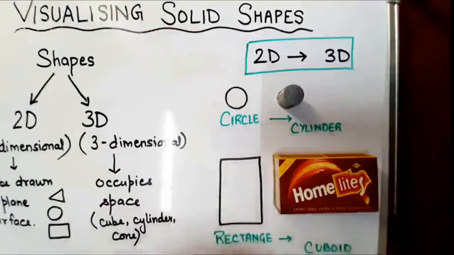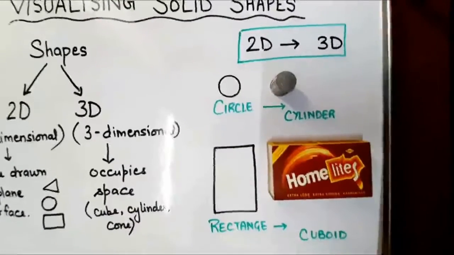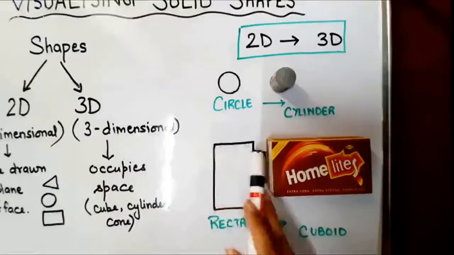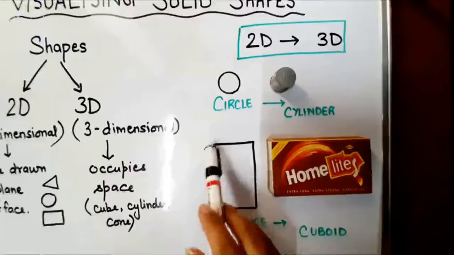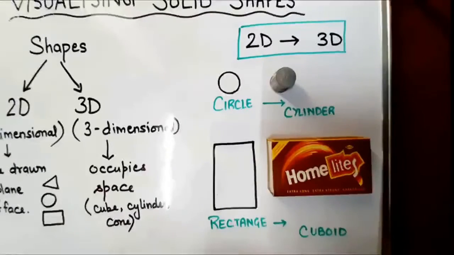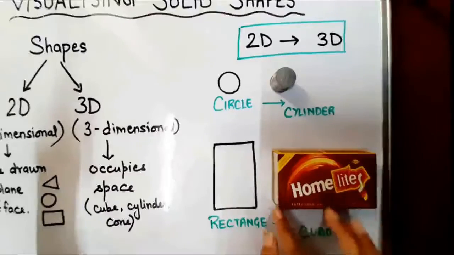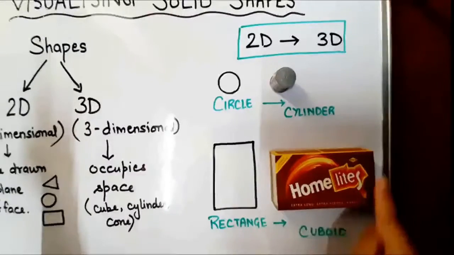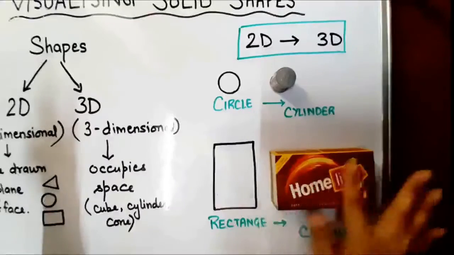Next, we have an example of a rectangle. A rectangle is again a two-dimensional shape. It has length, it has breadth, and it can be drawn on the plane surface. Now if you look at this face of this matchstick box, this is a rectangular surface.